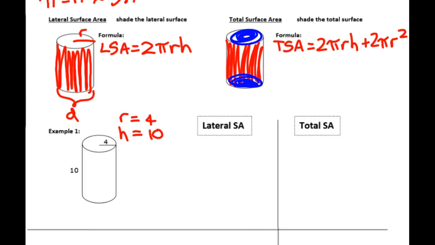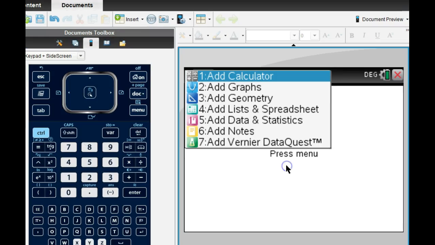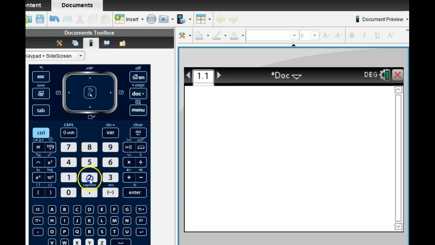So, all we got to do is plug it into the formula. LSA equals 2 pi RH, which is 2 pi times 4 times 10. Okay. So, let me show you on the calculator. When you hit 2, that's cool.